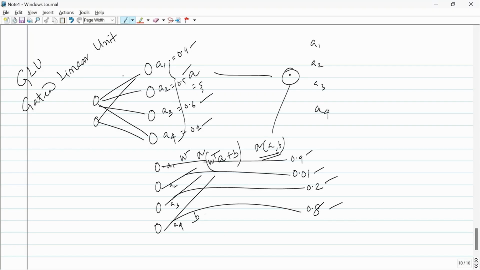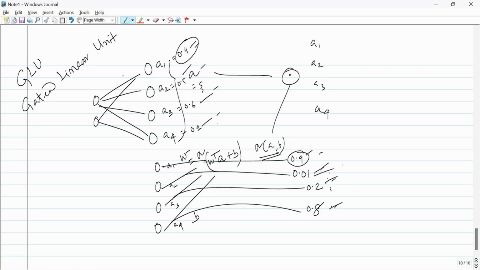Now these weights are learnable. These are trainable parameters. B is also a trainable parameter. Here this is called gating mechanism, because you will essentially train or learn these W's in such a way that these outputs will control the impact of this pre-activation values to the next layer. Let's say this is 0.9, that means you give more weightage here.